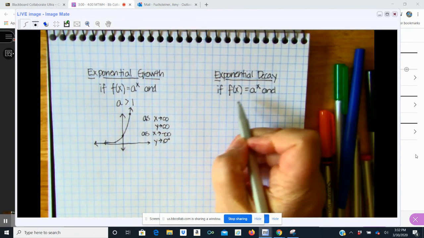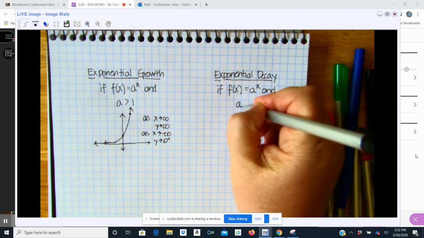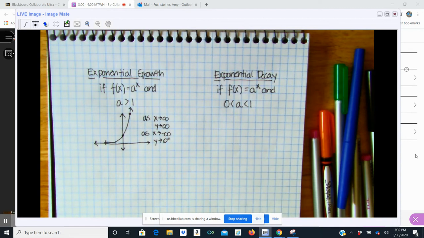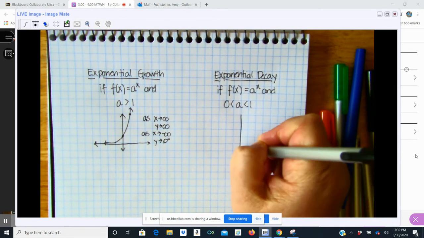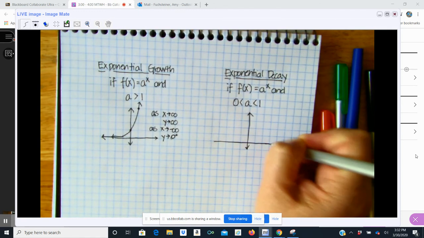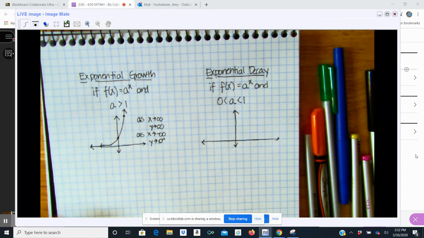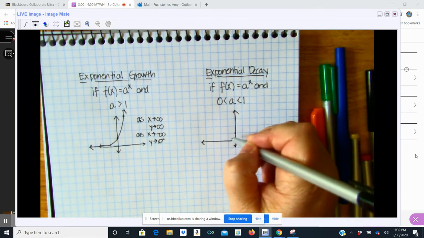All right, if your f of x is equal to a to the x, and your a is less than 1 but bigger than 0, so essentially a fraction or decimal less than 1, then what happens is you experience exponential decay.